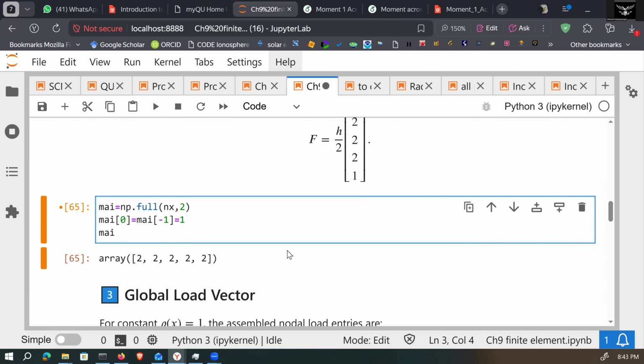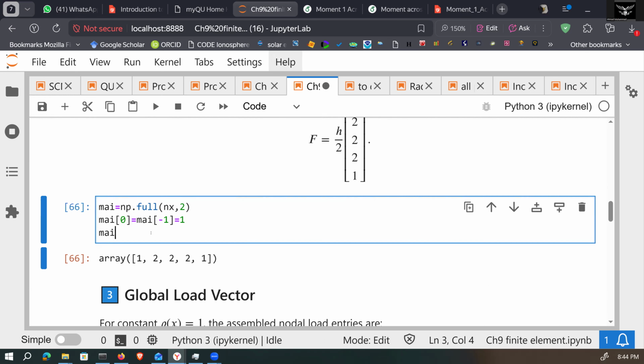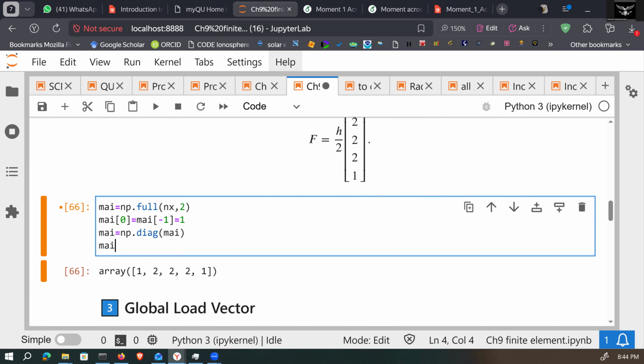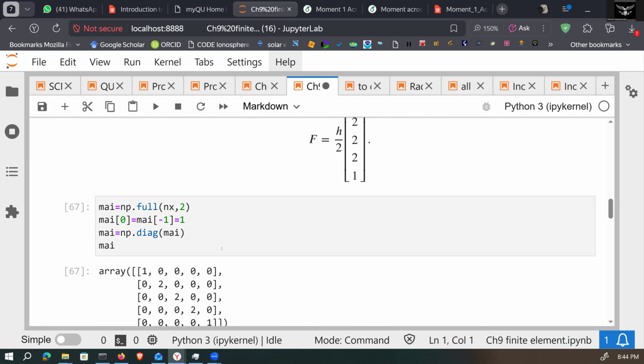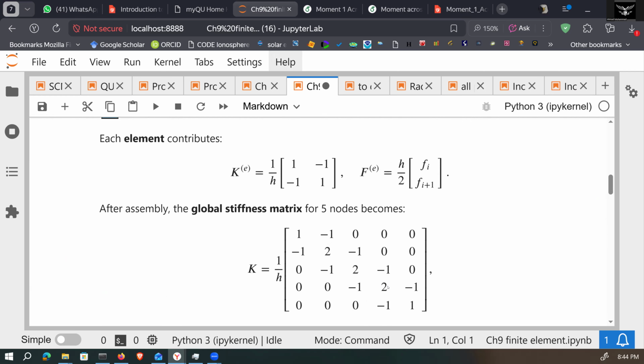Let's call main and see what we get. Good. Now I want to make it a diagonal matrix. np.diag of main. So now main is a diagonal matrix. So I successfully built this one.